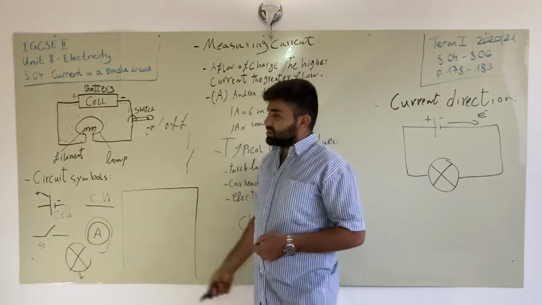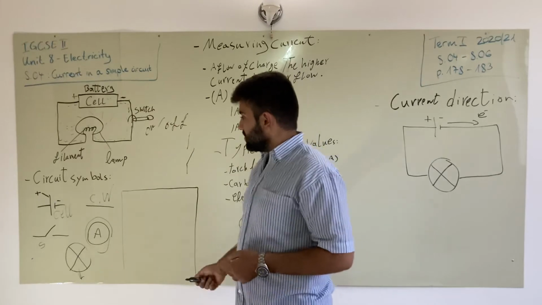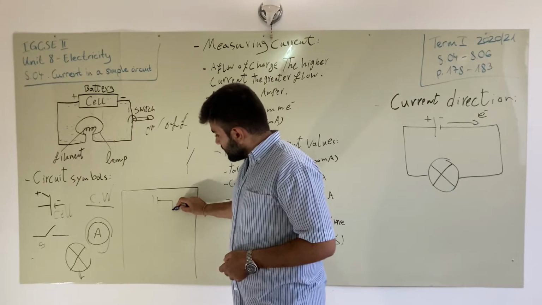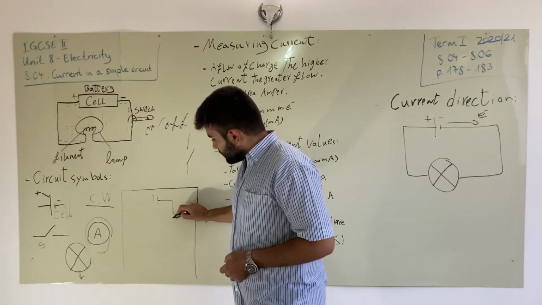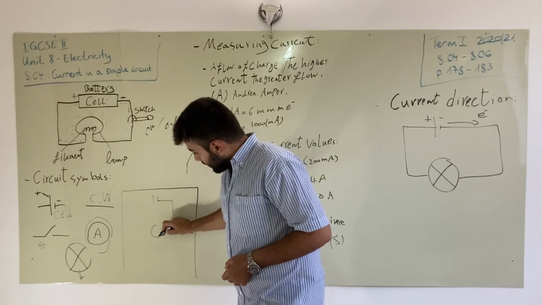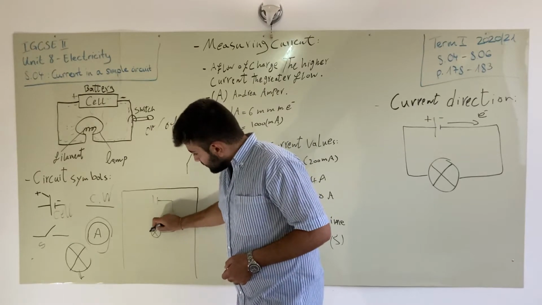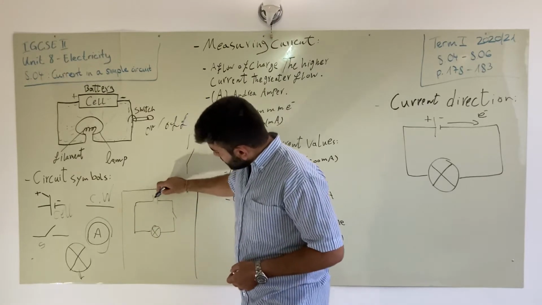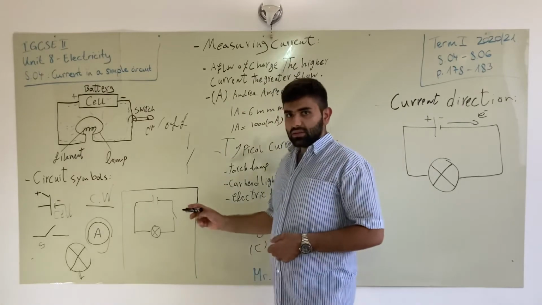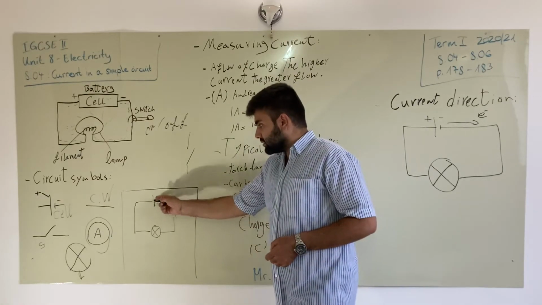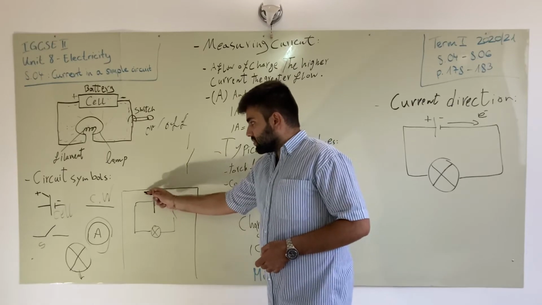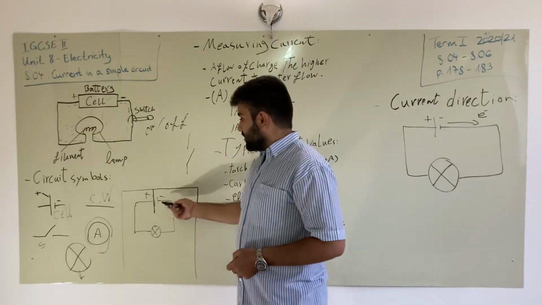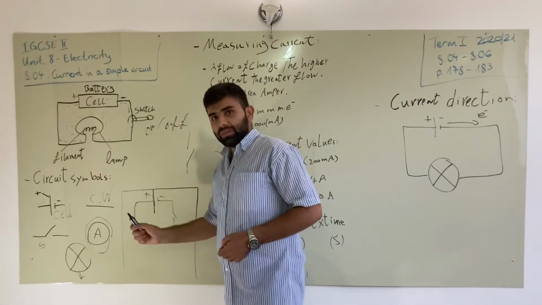So how can we draw this with symbols? We put the cell, then the switch, then the lamp, then connect with the connecting wires. Always remember that the long line is the positive pole, and the short one is the negative, where the electrons move. Okay, clear?